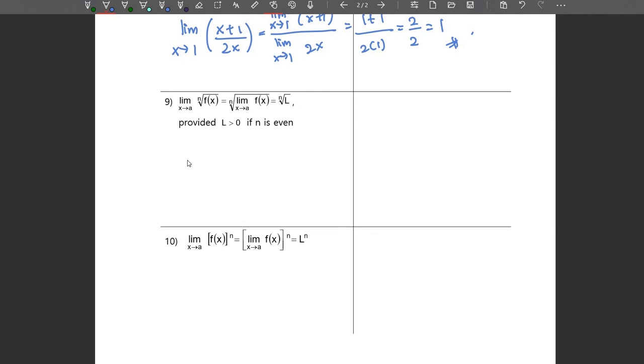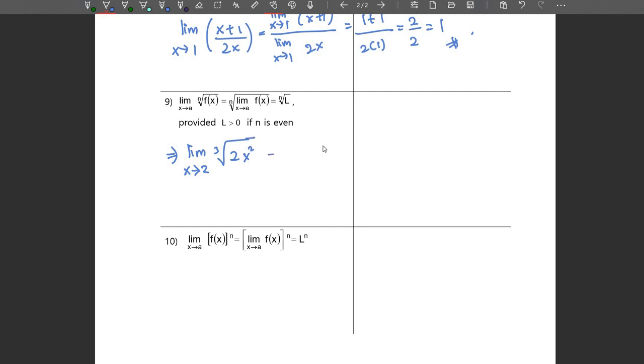So right now, for example, let's say we have the limit as x approaches 2 of the cube root of 2x squared.